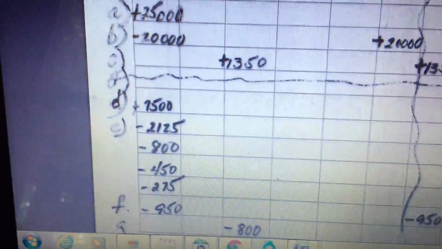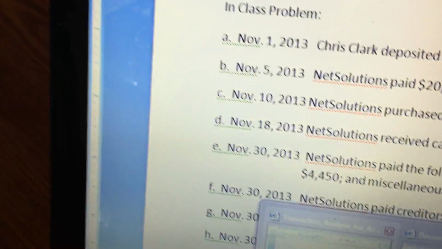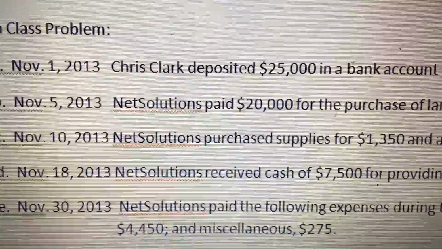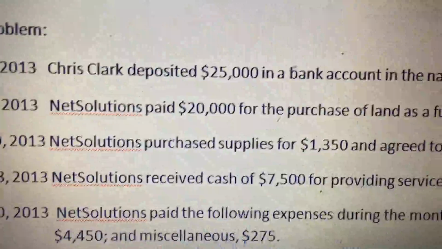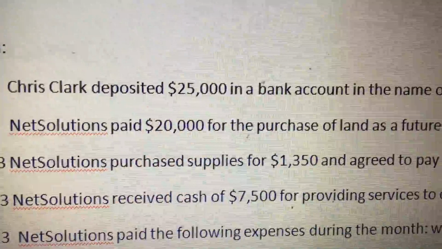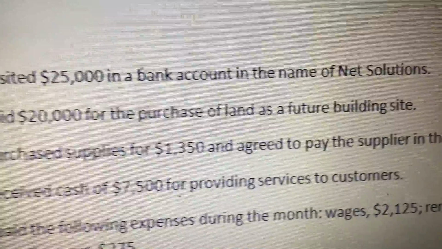Let's go back. Let's take a look at the fourth problem from our transaction sheet. And the fourth one, D here, says on the 18th, Net Solutions received $7,500 in cash for providing services to its customers.